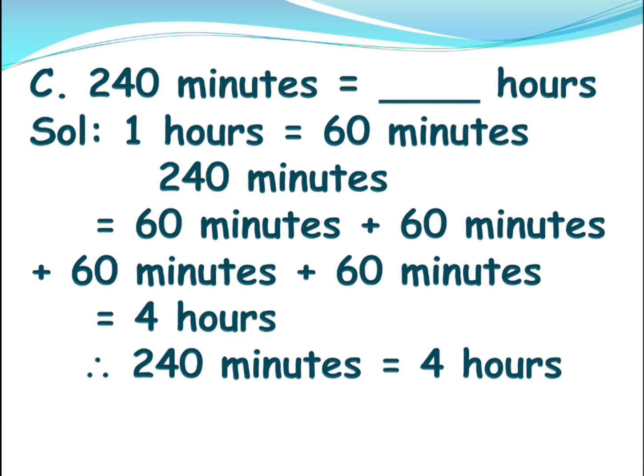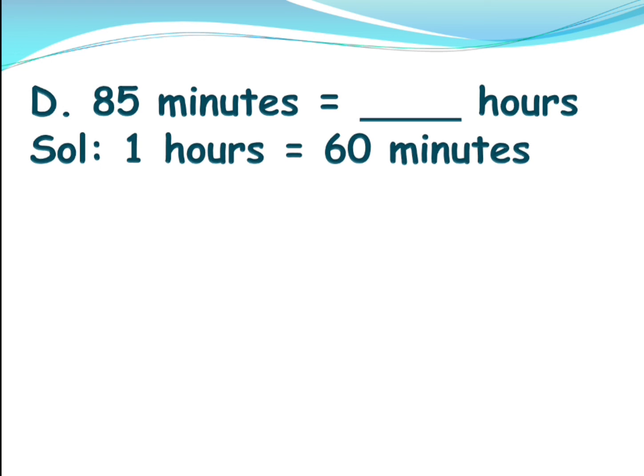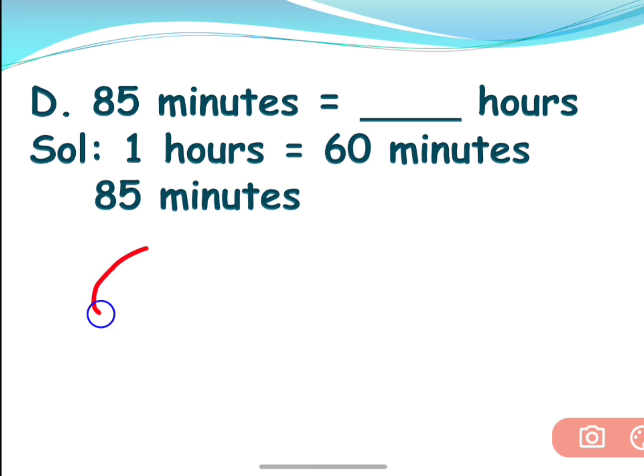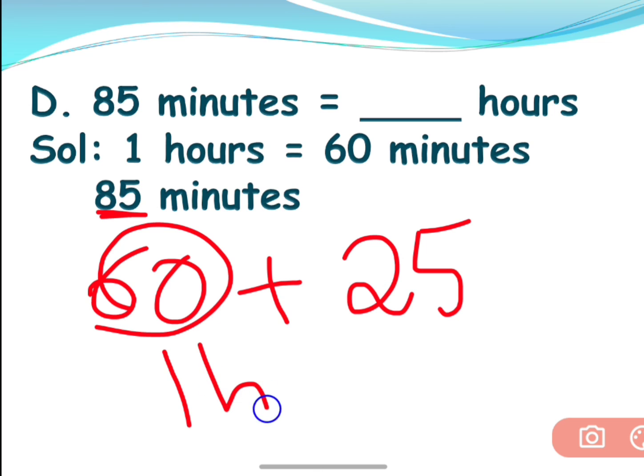Sometimes they will give it the other way, like 85 minutes. 1 hour is equal to 60 minutes, we already know. So in this 85 minutes, if I remove 60 minutes, how many minutes are left? 25 minutes only, isn't it? 60 plus 25 becomes 85. So you will write 60 minutes plus 25 minutes. This 60 minutes will be converted into 1 hour.